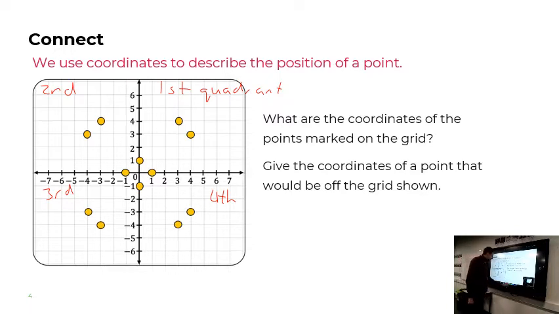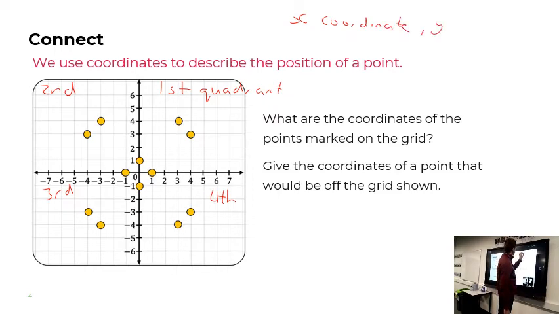Let's have a look at the coordinates for the points in the first quadrant. We start with the x coordinate, and then we look at the y coordinate. So remember it's x, y. X is before y in the alphabet. Let's look at the first point.